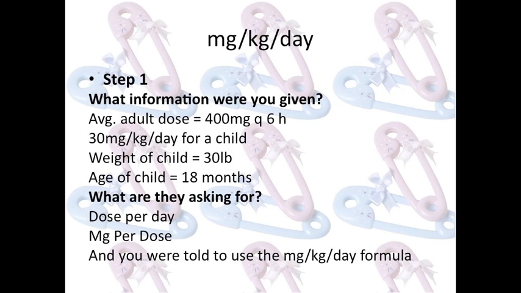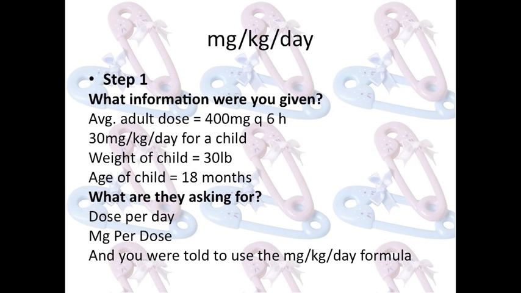Step 1. What information were you given? Average adult dose, which is 400 milligrams every 6 hours, 30 milligram per kilogram per day for a child, weight of child, which is 30 pounds, age of child, which is 18 months.